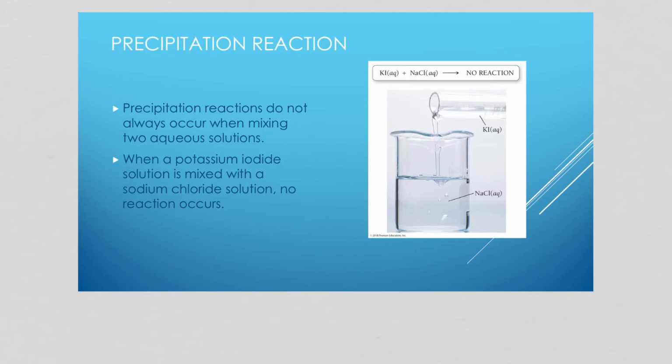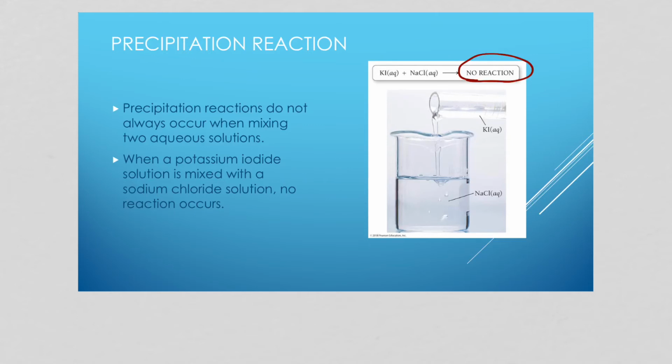Now, before we look at an example of a precipitation reaction, I will point out that just because we mix two aqueous solutions doesn't mean that a reaction is going to take place or a precipitate will form. So they don't always occur. If the products that could be formed are all soluble, none of them are insoluble, then no precipitation is going to occur, and we would simply have no reaction.